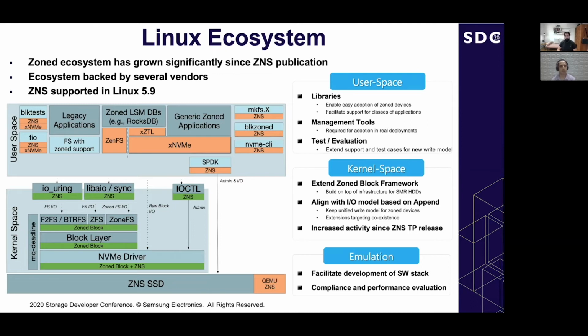Coming to the block layer, a lot is inherited from the infrastructure that was added for SMR devices. And ZNS-specific new things like the Zone Append command are also present. On the FS side, F2FS and ZoneFS can support zoned devices already, while work is in progress for BtrFS and GFS.